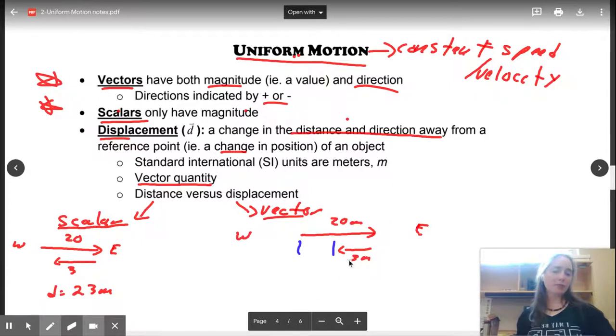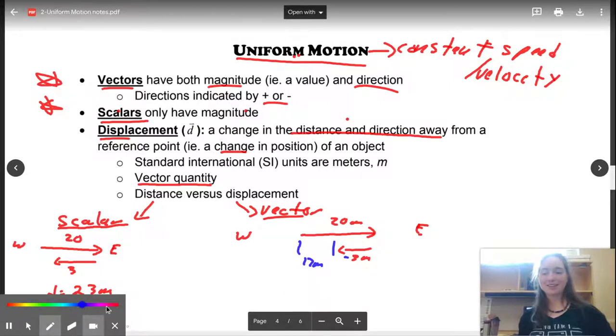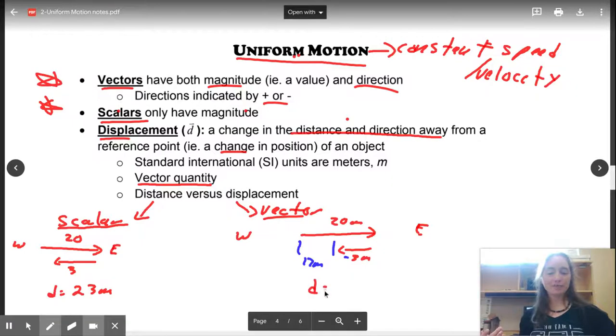Because we've gone backwards here, I need to make that 3 negative. So when I find my displacement, I've only gone a total of 17 meters. And in what direction? If I started here and I went here, then turned around and came back here, I would have wound up there. East.